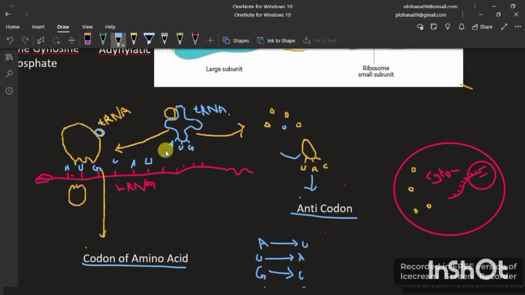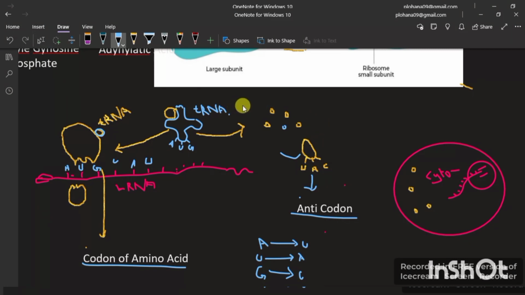Now what will tRNA do again? tRNA will be interpreting it, it will read it, and then it will go to the cytoplasm, where amino acids are present. Then a particular amino acid will have the anticodon of this. The anticodon of U will be A, then A, U would be there, then again U, then again A would be there. So that would be the anticodon.